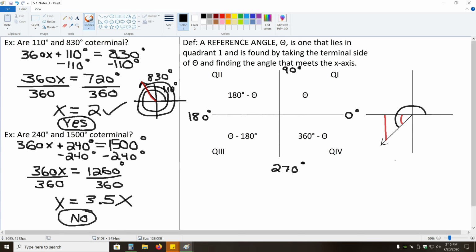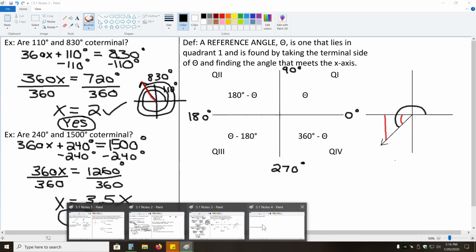If we needed to find the reference angle for 270 degrees, we could take 270 and subtract 180 from it. That would give us 90. That's in quadrant 1. Or we could take 360 and subtract 270, which would again give us 90, which is in quadrant 1. So either one is perfectly fine.